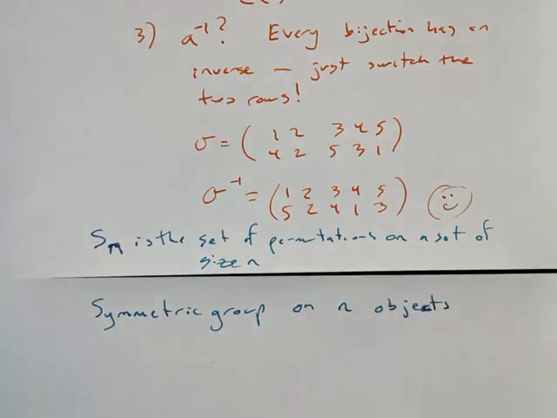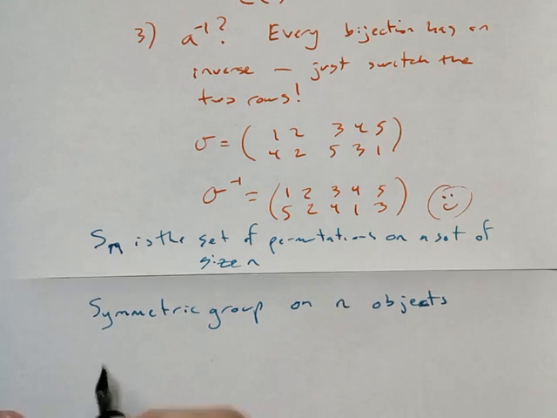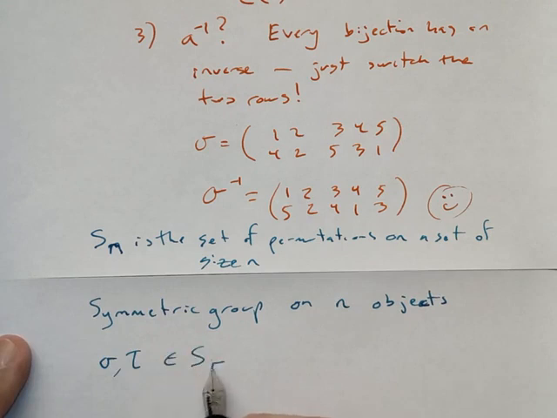So our sigma and tau were part of the group S5. And we know that sigma tau is not the same as tau sigma. S5 is not abelian. Matter of fact, Sn is not abelian.